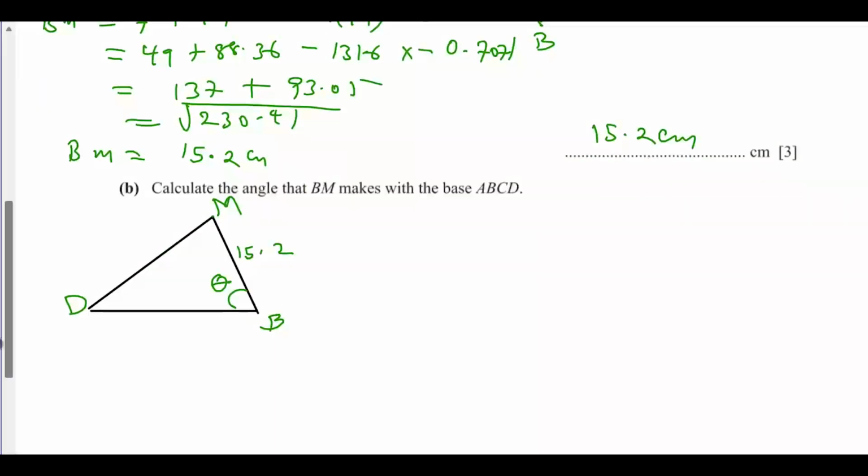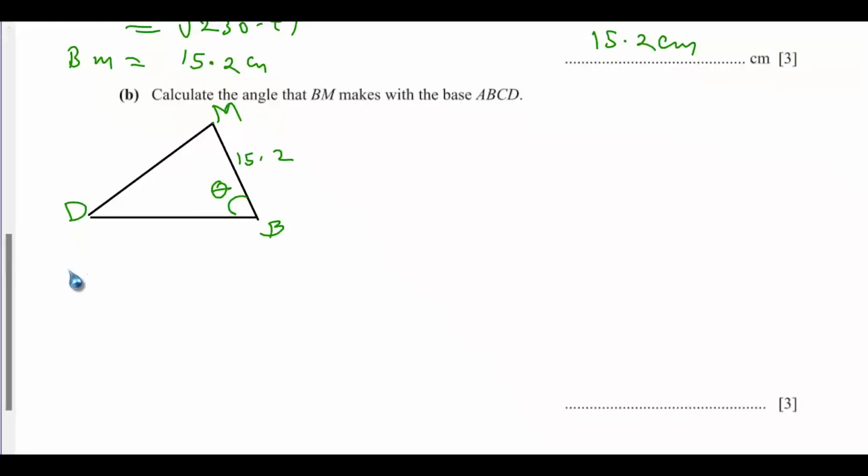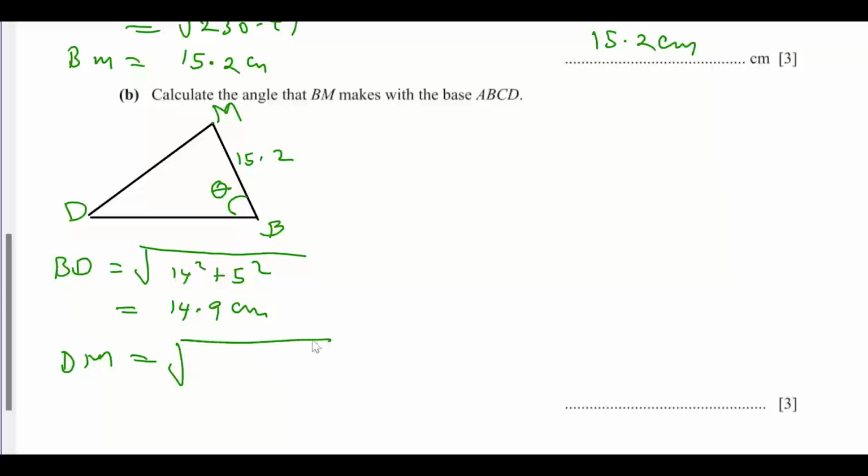BD will be equals to square root of 14 squared plus 5 squared, which gives 14.9 centimeters. Also, using Pythagoras theorem, DM will be equals to square root of 7 squared plus 8 squared, and finally you will have it to be 10.6 centimeters.